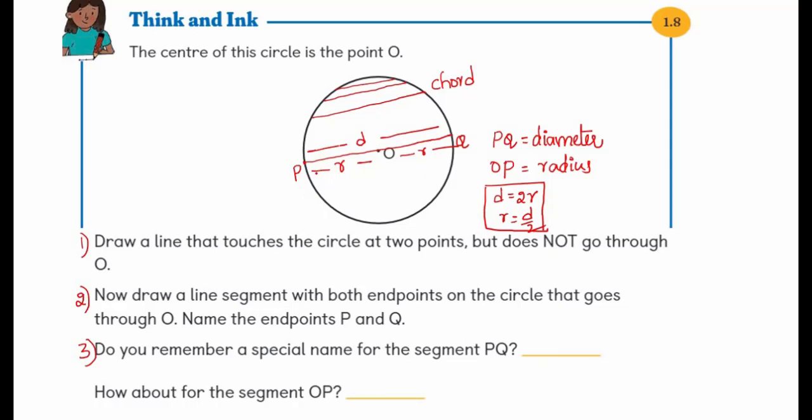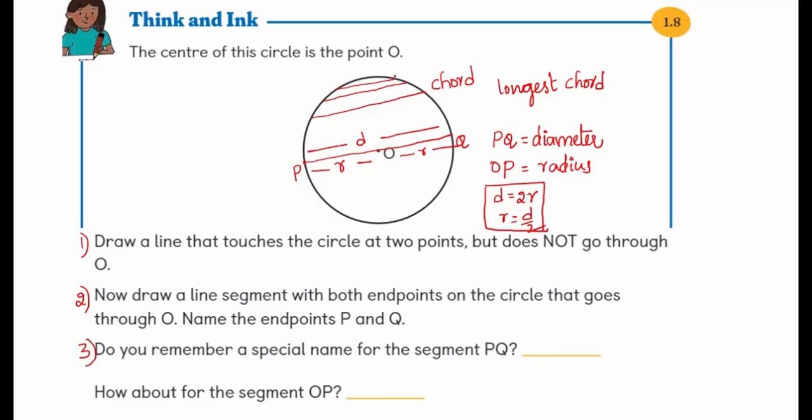And see, children, a segment that touches the circle at 2 points and goes through the point O, the center of the circle, is called diameter, and it is the longest chord. Diameter is also called the longest chord.